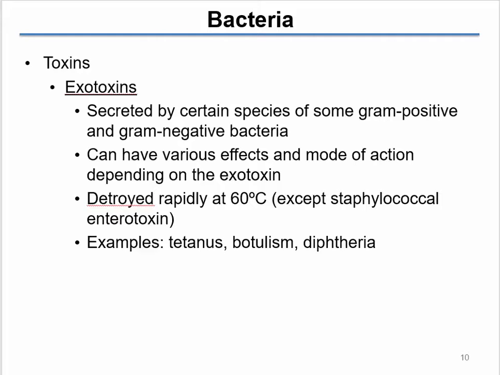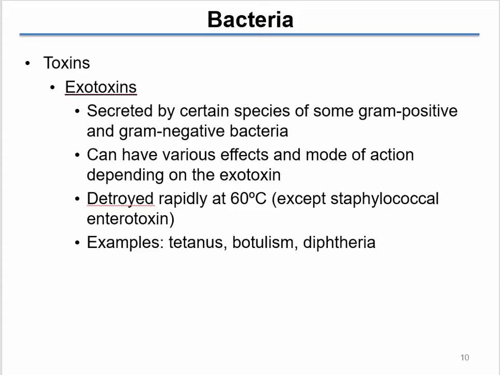Most of them are destroyed very easily with some heat. This is the whole point of pasteurization. It really doesn't take a lot of heat to destroy most, except for Staphylococcus enterotoxin. Enterotoxin means that it affects the intestines. Fairly low heat, like 60 degrees, will do it.